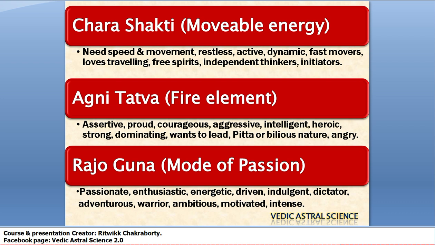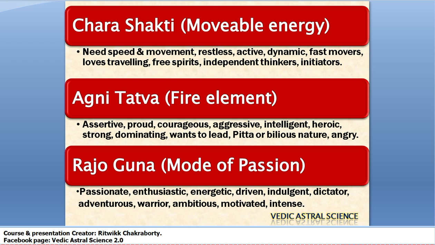Without Chara or movable energy, creation cannot manifest. Okay? Movement is inevitable for any kind of creation. So, very rightly, the first sign of the zodiac had to be a Chara Rasi so that the motion could be set and a pattern or order could be developed.